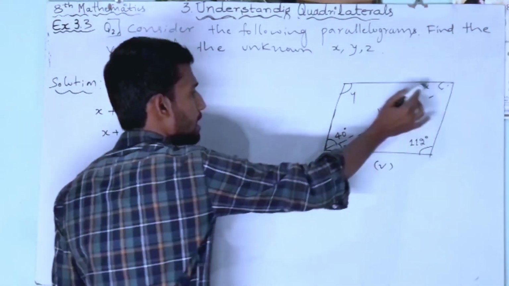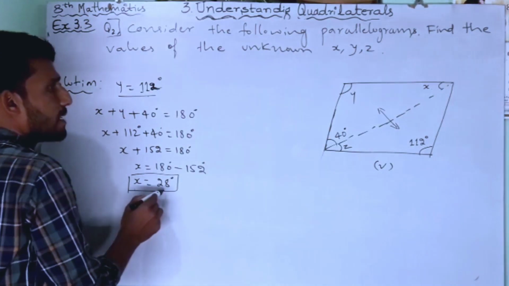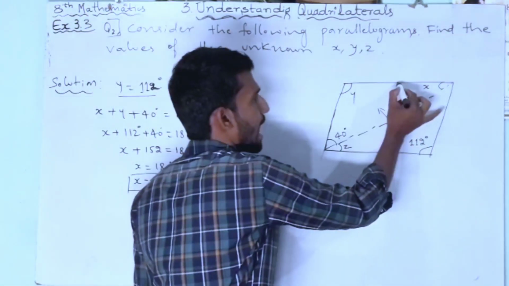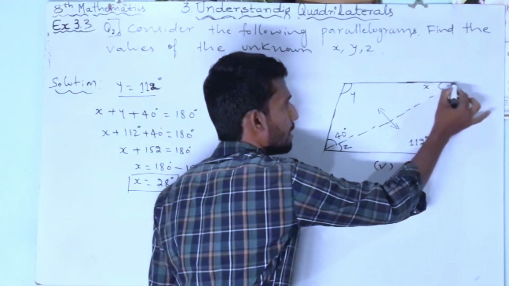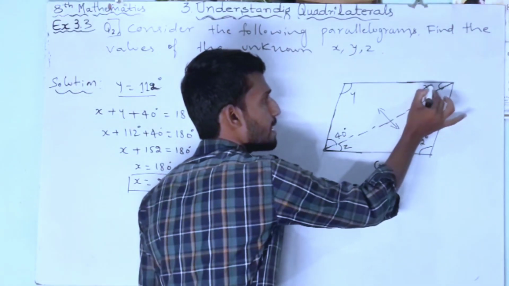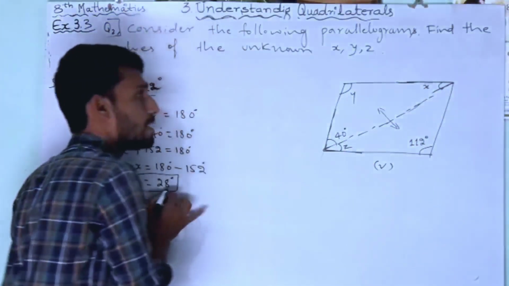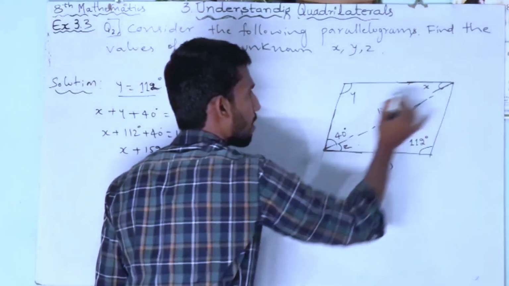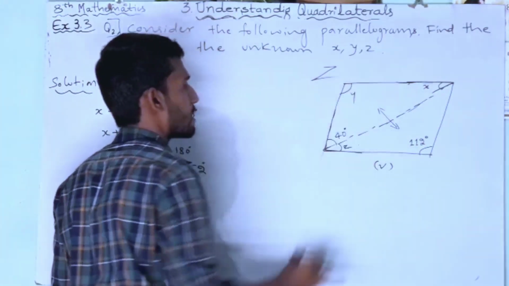X angle is 28 degrees. Now alternate interior angles are always equal. These two are equal alternate interior angles. If X is 28 degrees, then Z is also 28 degrees because these two are alternate interior angles.